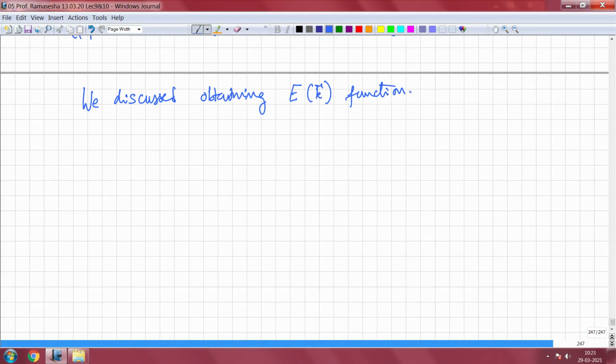One of the things you can actually get from the energy versus k function is the Fermi energy, which is the energy of the highest occupied state.